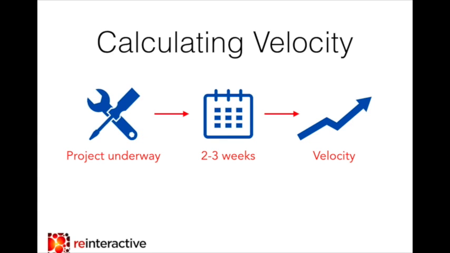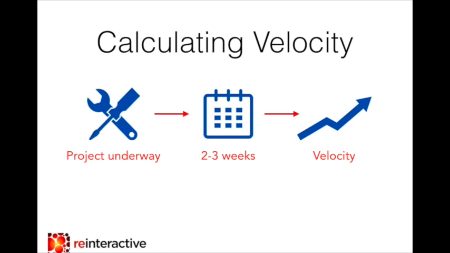Where velocity becomes really useful is as we get the project underway and we start getting that data of how many points we're actually delivering. So once we're underway, we can calculate the velocity from project history. We typically take the velocity of the past 2 to 3 weeks, so we base our velocity calculations on the average number of points delivered over the recent weeks.